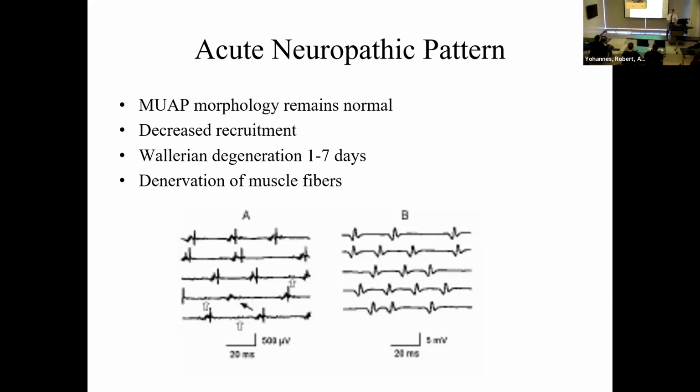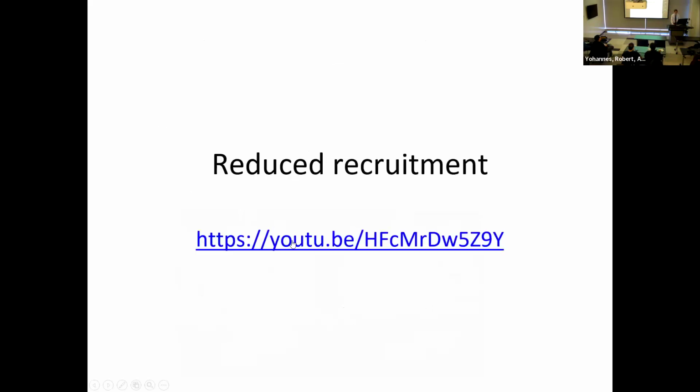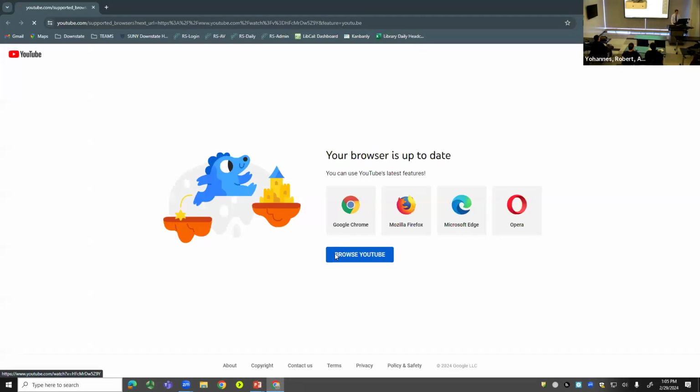Because there is still a motor unit that is trying its best by increasing the firing rate to increase the force. Okay, so that's what we see here. We see increase in the rate, but it's the same unit. Okay, increasing the rate, but it's the same unit on the screen. This is called reduced recruitment. Okay, and you'll see it in a moment.